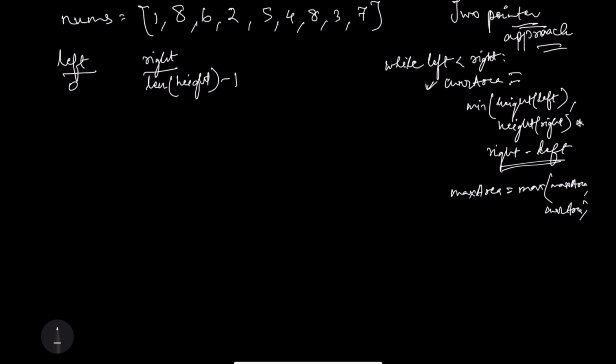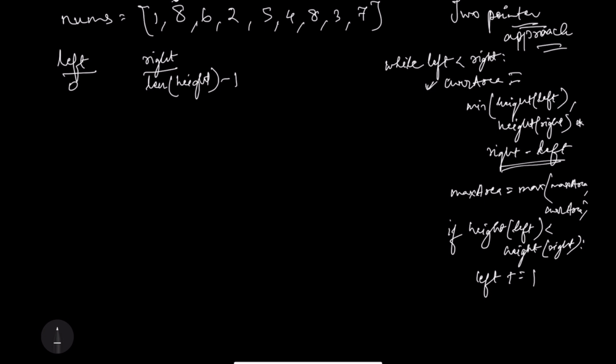So if our height at left is smaller than our height at right, we would move inward, like our left will move to this place. If our height at left is smaller than our height at right, we move inwards towards the array.